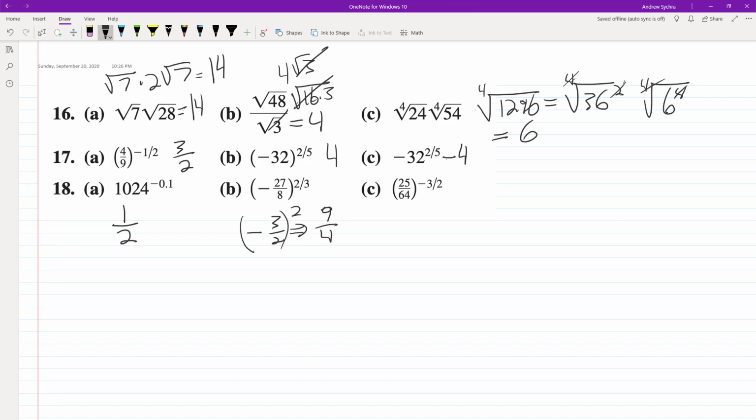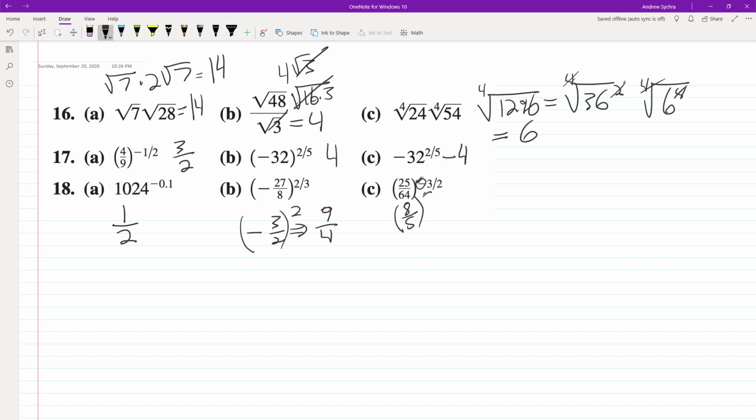And finally here, take the square root first, so we'll put the 8 on top and the 5 on the bottom because we'll use the negative sign here.